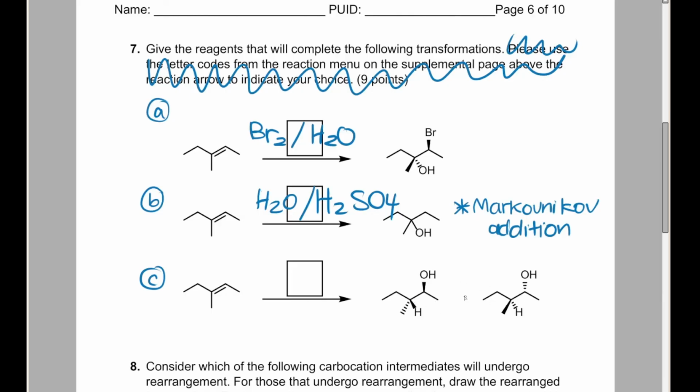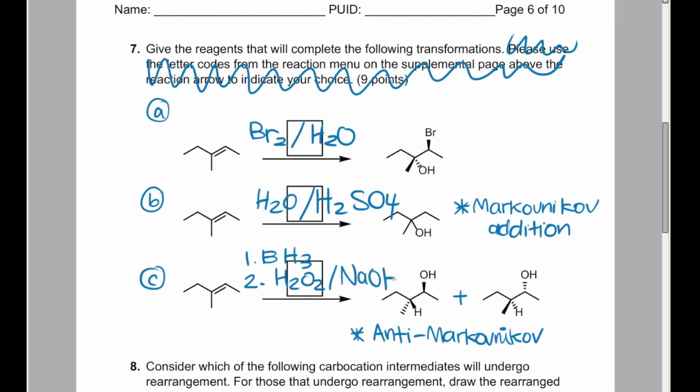And as you can see in both of these products, the alcohol group is added to the less substituted carbon. So it's going to be an anti-Markovnikov addition of an OH group, and that's pretty characteristic of the reaction with BH3 and H2O2 and NaOH.